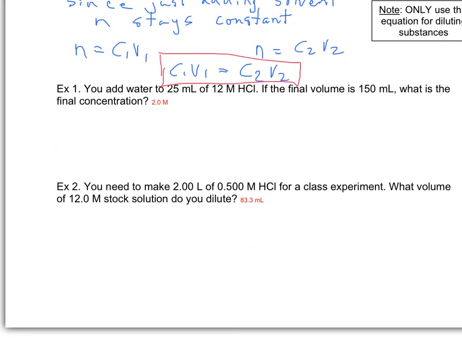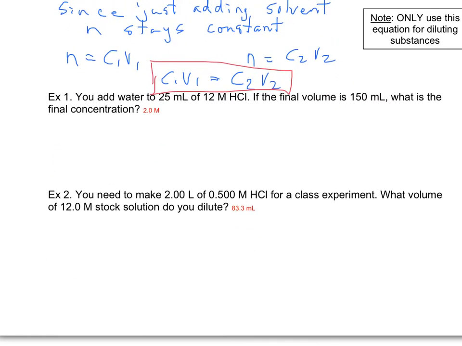Let's do a couple of examples. You add water to 25 mL of 12 mole per liter hydrochloric acid. If the final volume is 150 mL, what's the final concentration of the solution? Because the question tells me that I'm only adding water to my solution, this is a dilution question, and I'm going to start with C1V1 equals C2V2.